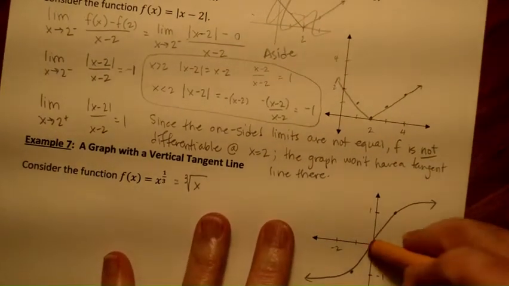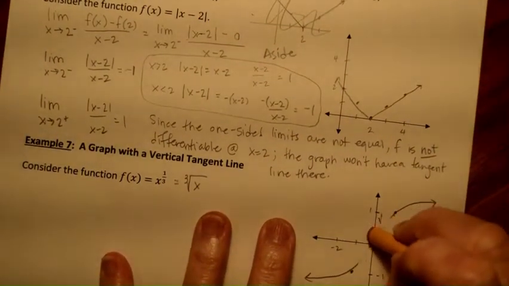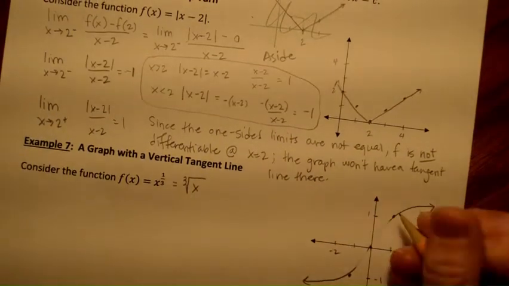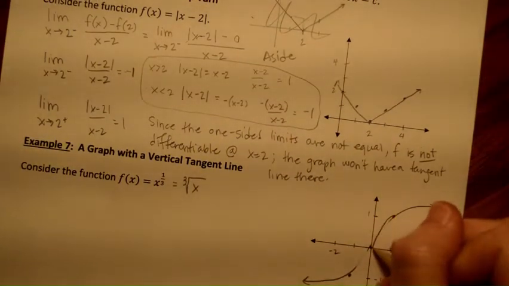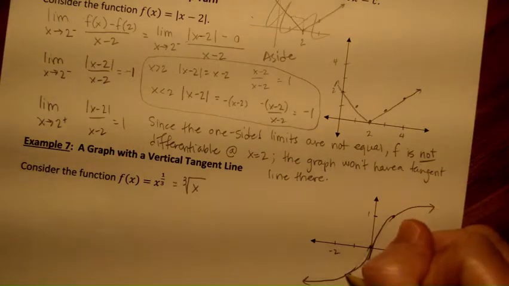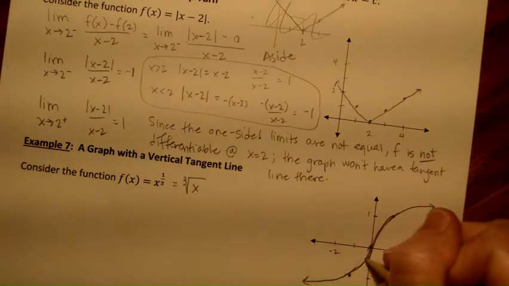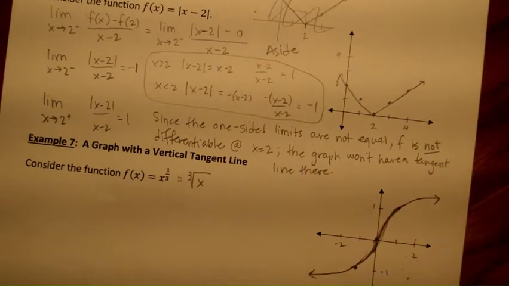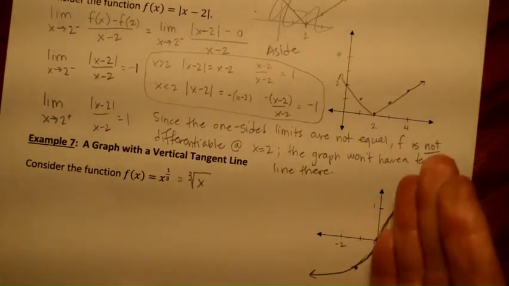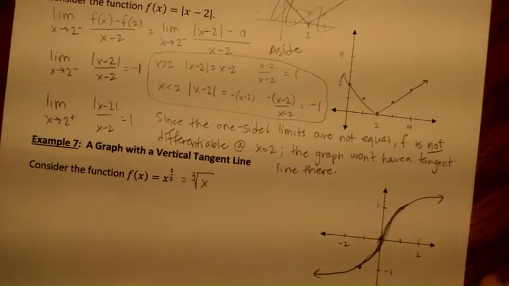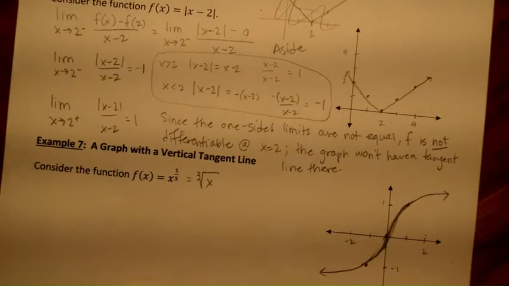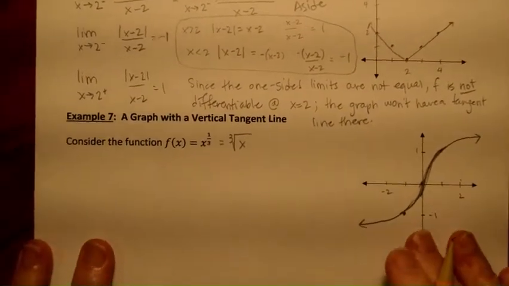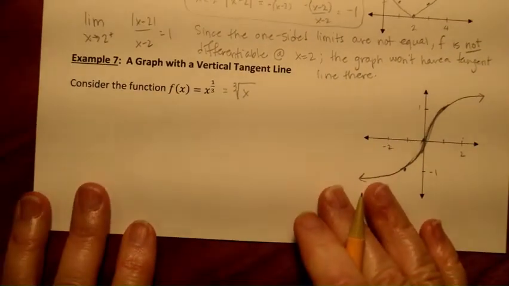Again, mine's probably not drawn very well. It's actually maybe a little bit more like that. So as we get to that tangent line, it's definitely becoming very vertical looking. And we're going to show that it actually is completely vertical.